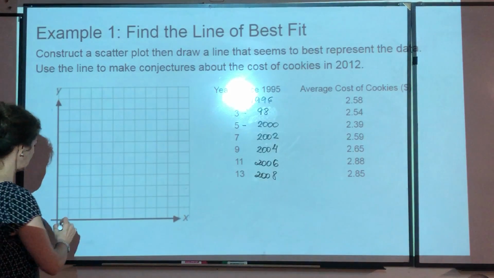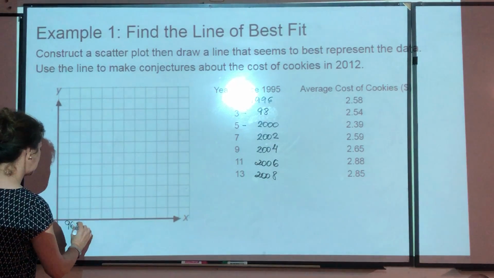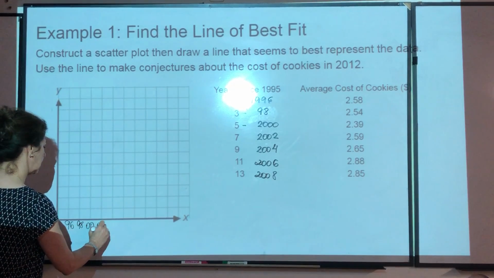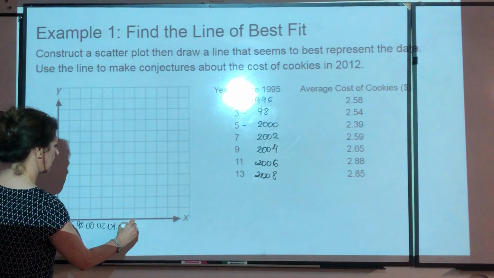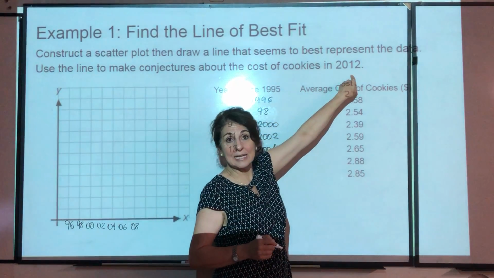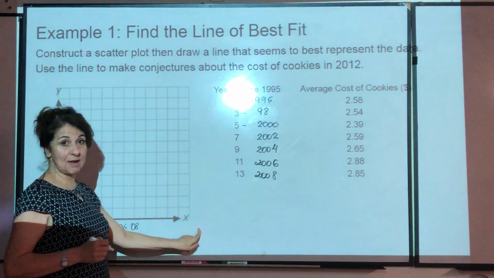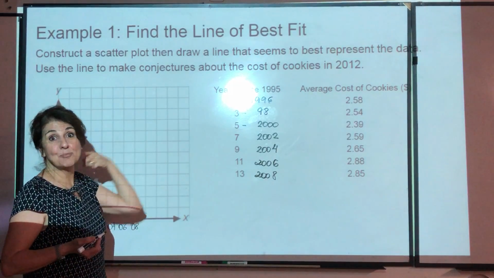So let's put the years here. The first one that we have is 96, 98, 2000, but we want to find information in 2012. So we are going to extend this graph until 2012 so we can make a prediction.